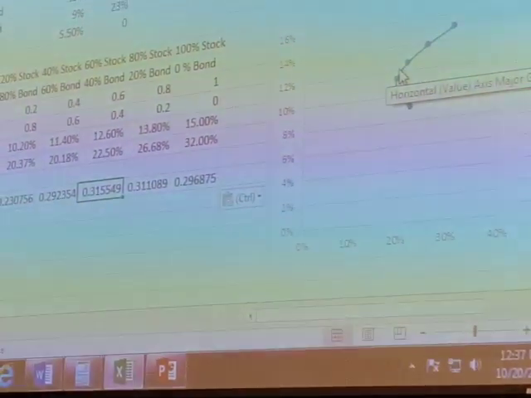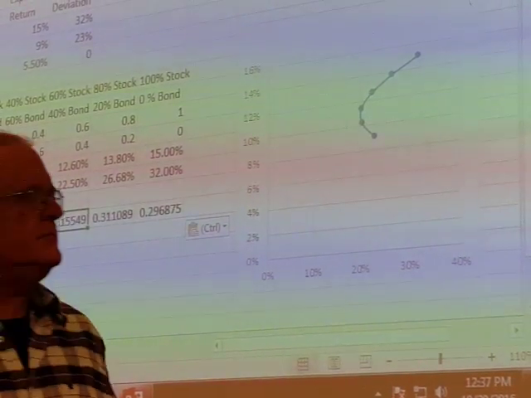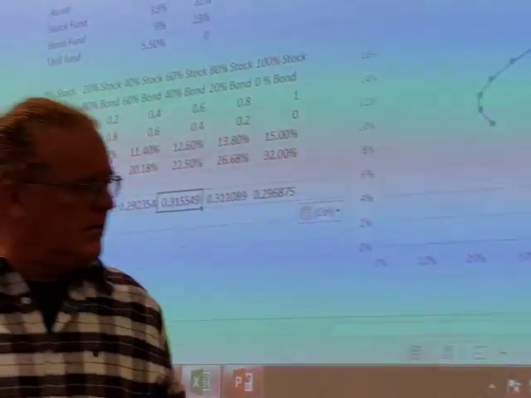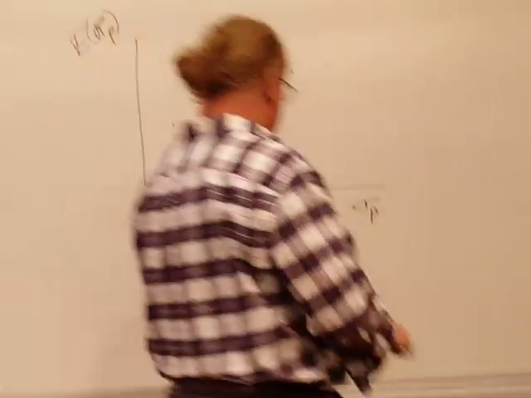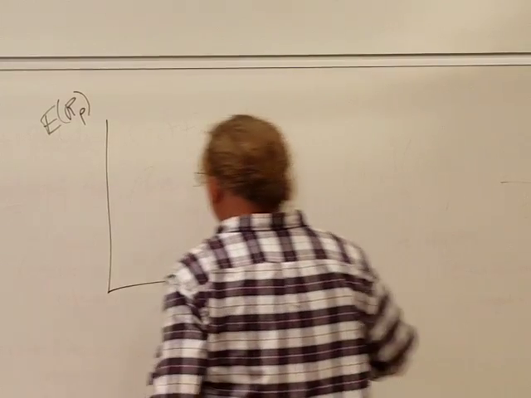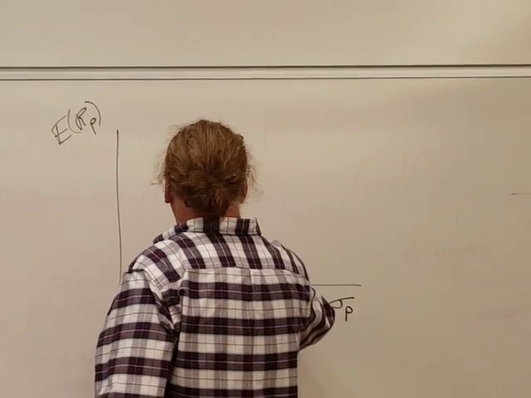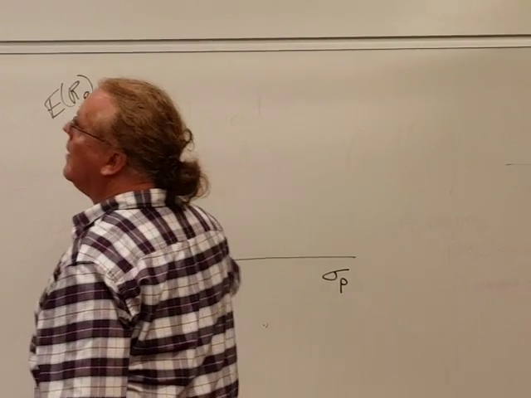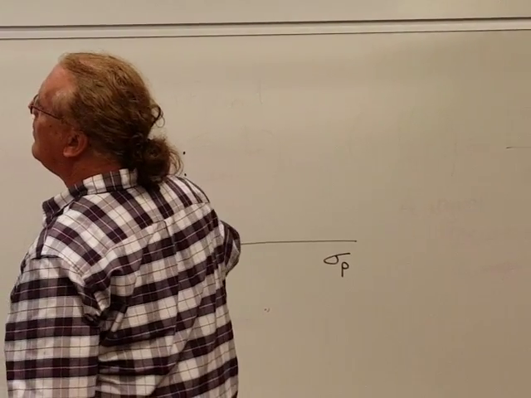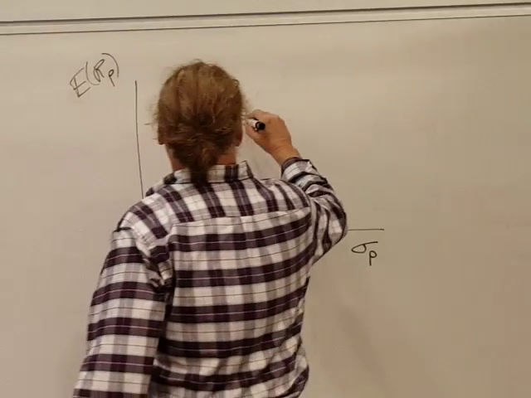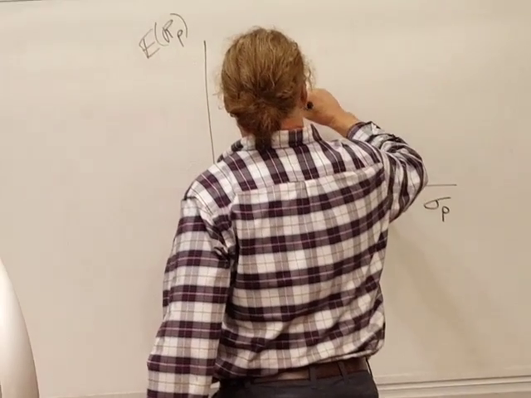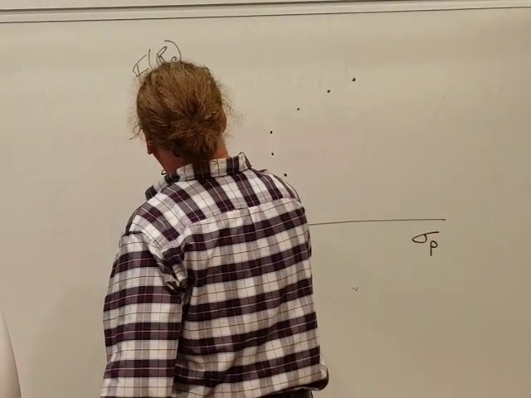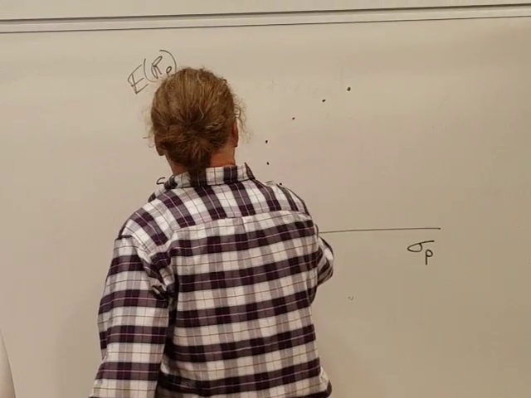So what it's going to do is, here's 5.5%. There's going to be a straight line up here.